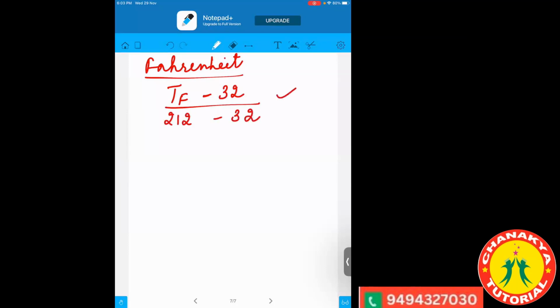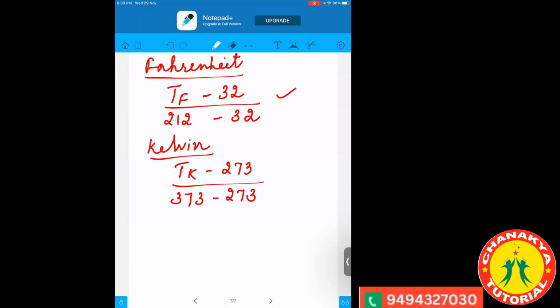So that is how we calculate for Fahrenheit. And the last one, same way for Kelvin, TK minus 273, divided by 373 minus 273. So that is how they are connected, or we can convert them into the different forms.